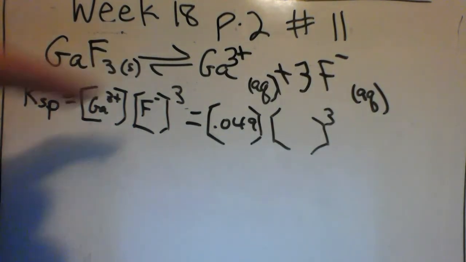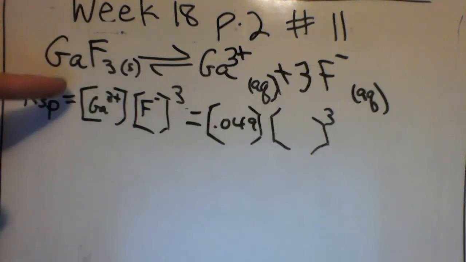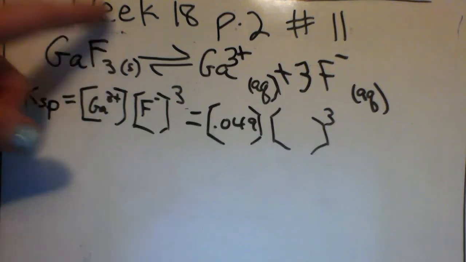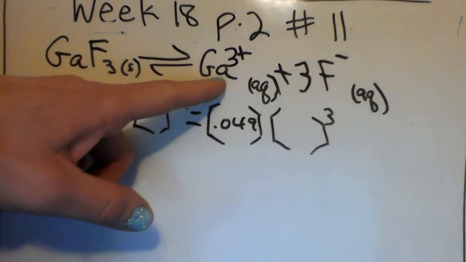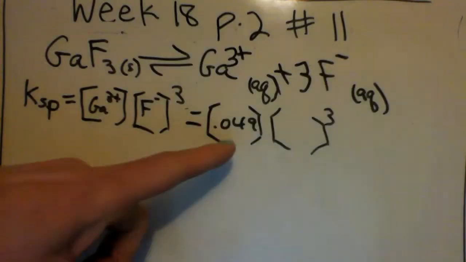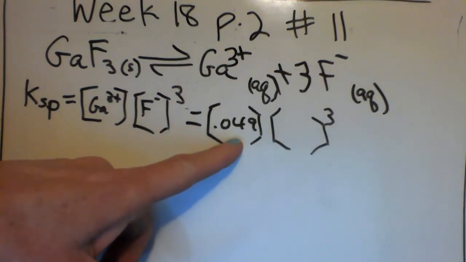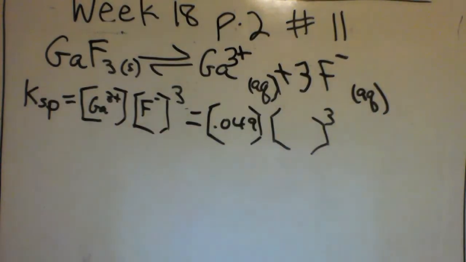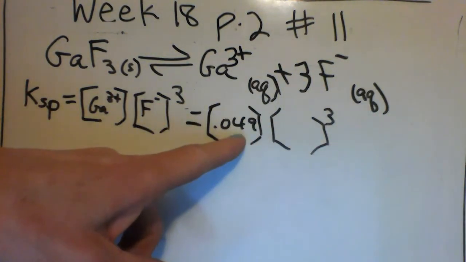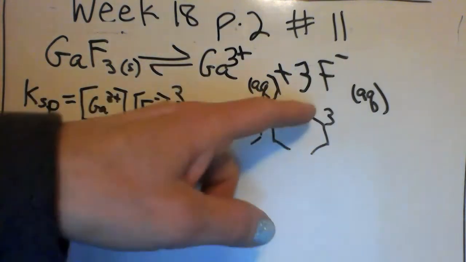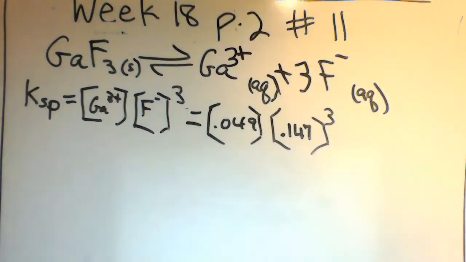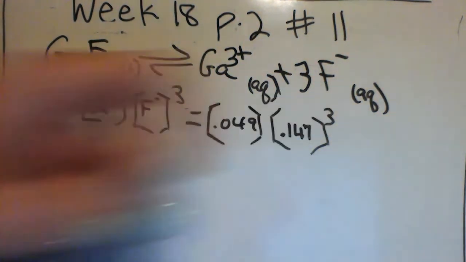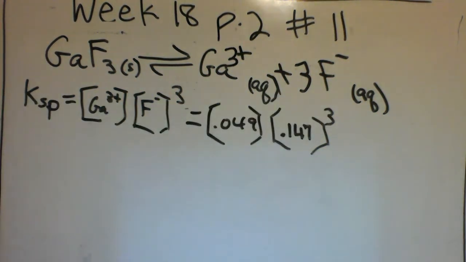But we do know that when gallium trifluoride breaks down in solution, each molecule yields 1 gallium ion and 3 fluorine ions. So whatever the concentration of gallium is, the concentration of fluorine will be 3 times as much. So we're going to multiply the concentration of gallium by 3 to figure out the concentration of fluorine. So the concentration of fluorine is 0.147, which has to be cubed when we do the math.